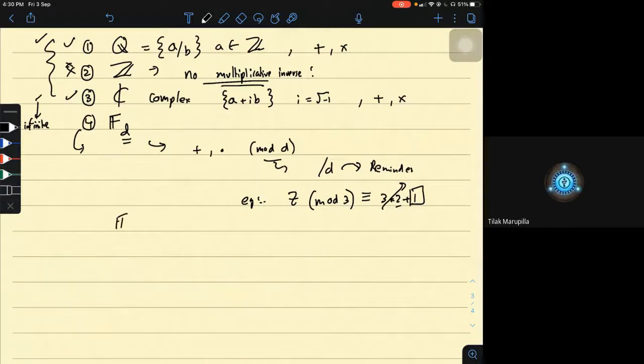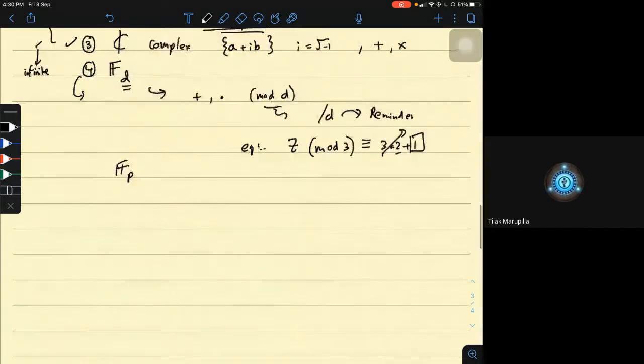One can show that F_p, only for p prime or powers of prime, forms a proper field. Not for, say, d equal to r times s. This is not a field.